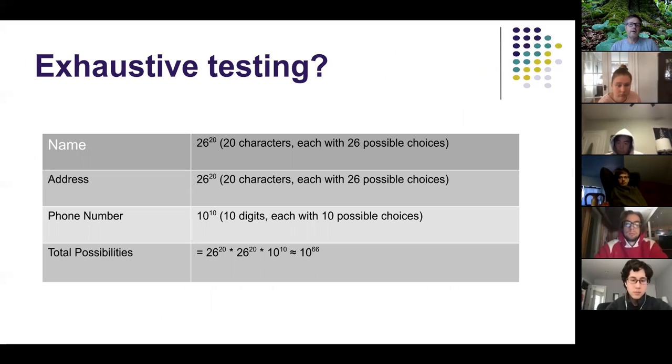If we have a name that's 20 characters, an address that's 20 characters, a phone number that's 10 characters, and, of course, for a name we're just assuming uppercase or lowercase letters, that's 26 to the 20 possible names, 26 to the 20 possible addresses, 10 to the 10 possible phone numbers. And so the total is approximately 10 to the 66, which is ridiculously big, right? You're never going to test all those possibilities. And frankly, you don't need to.